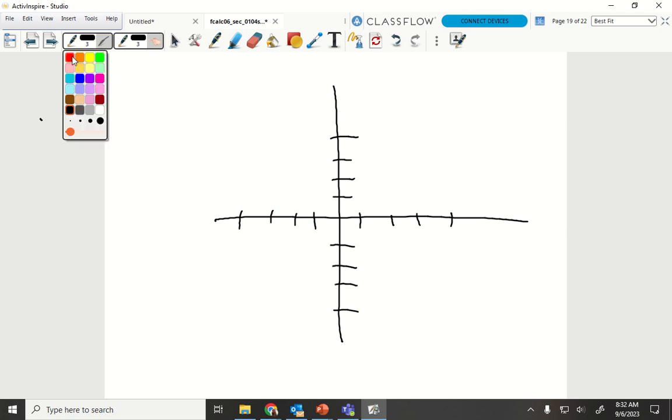So, my line is +2, right? Okay. There's a graph of it. Yes? All right, so same thing goes on this side.